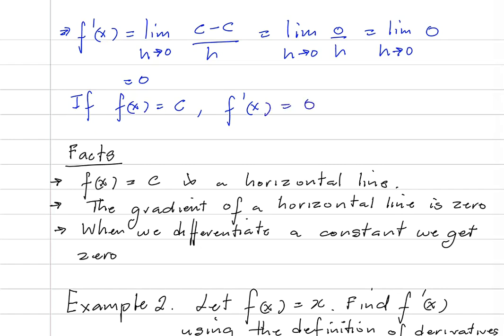So some facts about f of x is equal to c. For one, f of x is equal to c is a horizontal line. I already mentioned that. f of x is equal to c is the equivalent of saying y is equal to c. And the gradient of a horizontal line is 0. As we just showed, the gradient, which is f prime of x, is equal to 0.